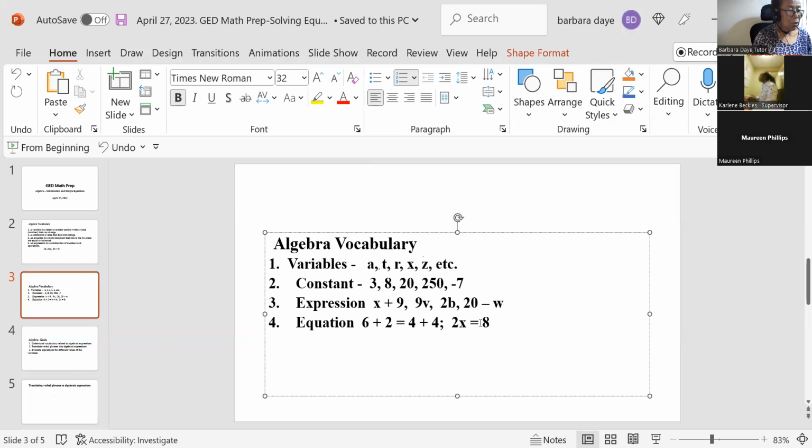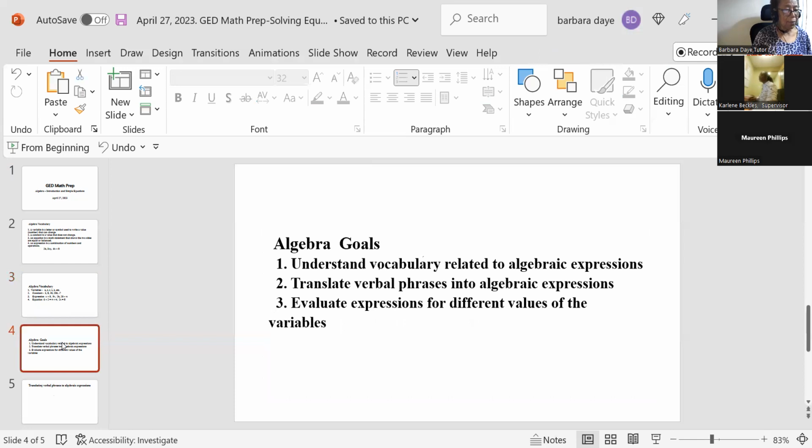All right. So that's the vocabulary. Now, our goals in algebra, we're not going to do any algebra problems today. We just want you to know the basics, the vocabulary, and then the goals. So we want to understand the vocabulary related to algebraic expressions.